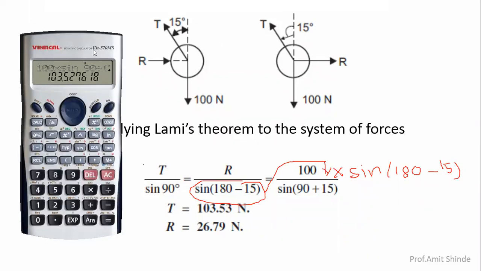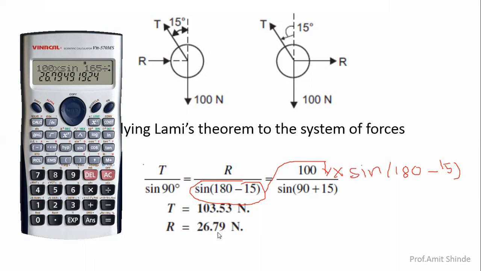First of all, 180 minus 15 is 165, so sine 165. 100 into sine 165 divided by sine of 90 plus 15, which becomes a 105 degree angle.